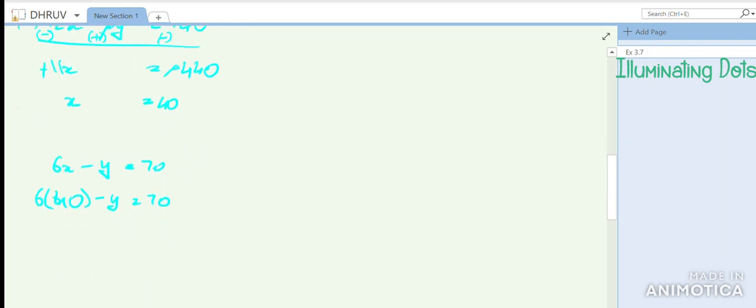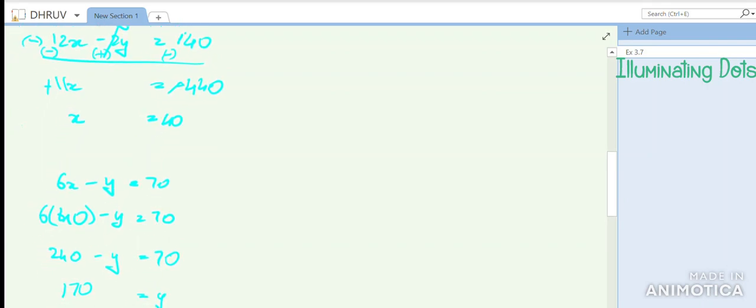Therefore 6 into 40 is 240, minus y is equal to 70. Therefore 240 minus 70 is 170, which is equal to y. Now I got the value of x, I got the value of y.